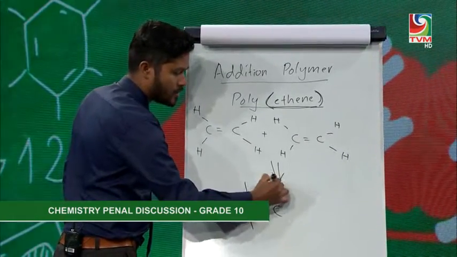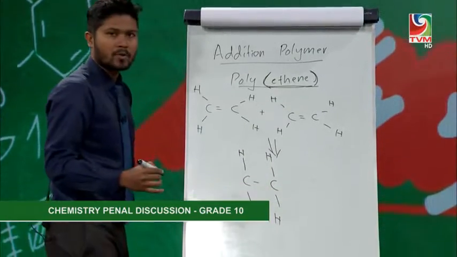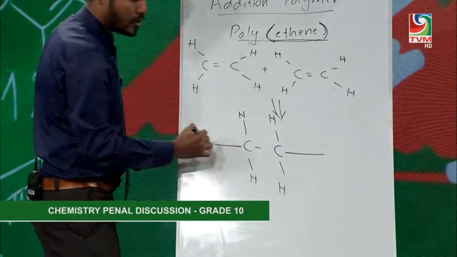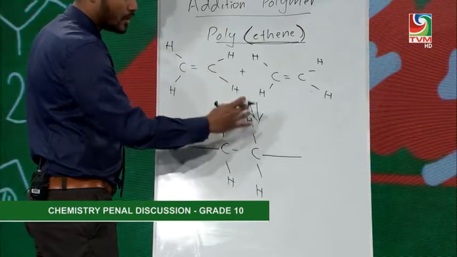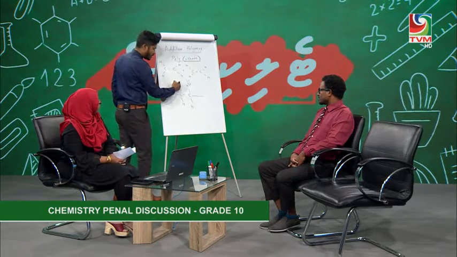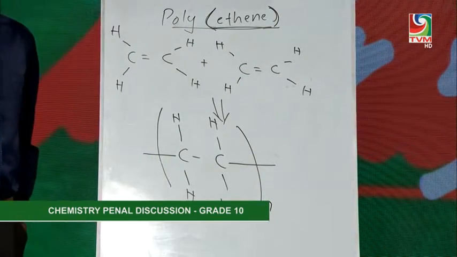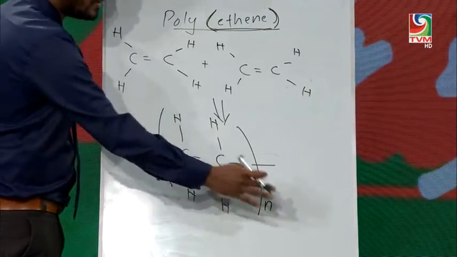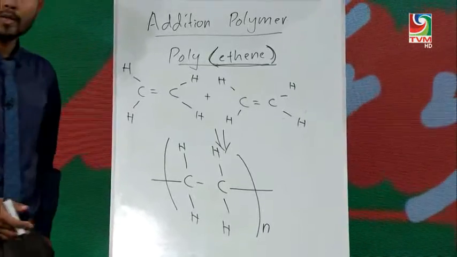We introduce the hydrogen bonds to up and down of the molecule, and then we introduce the continuation line. That means that one ethene molecule is continuous for both sides. We introduce a bracket, and then we use n to represent that this structure can be repeated n times, where n should be a whole number.